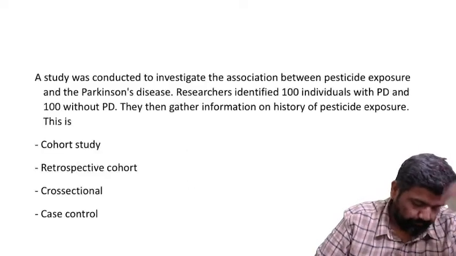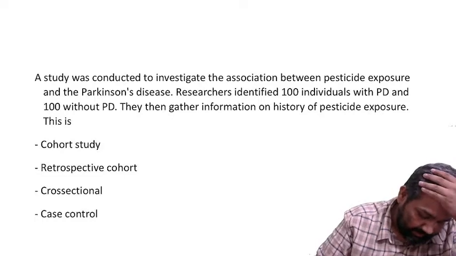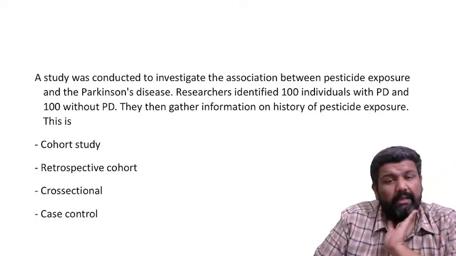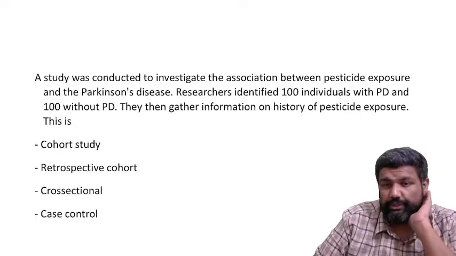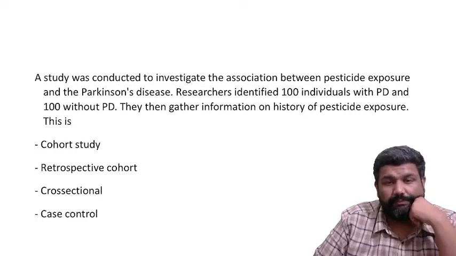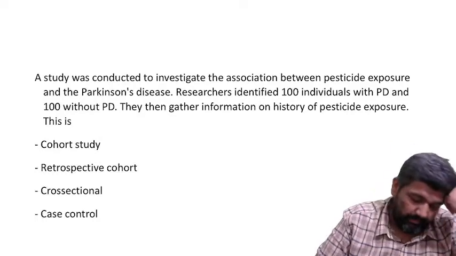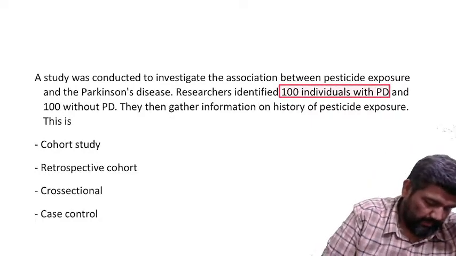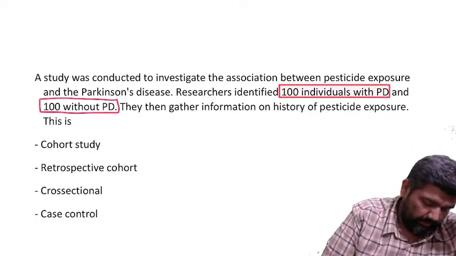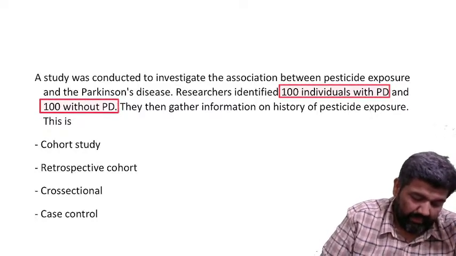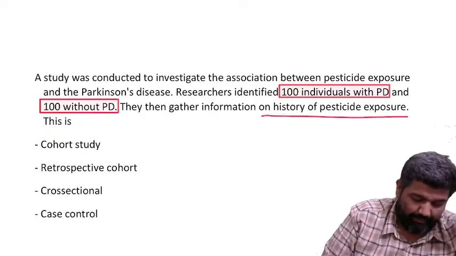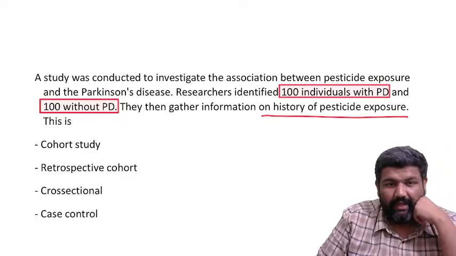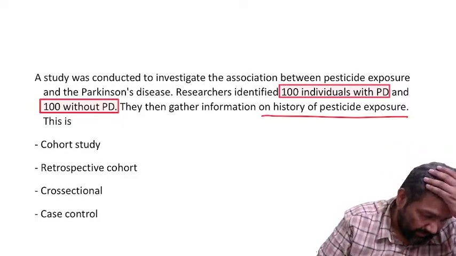Now, coming to the next study. A study was conducted to investigate the association between pesticide and Parkinson. Researcher identified 100 individuals with Parkinson's disease and 100 without Parkinson's. Then they gather information on history of pesticide exposure. हाँ जी बच्चों, ये सवाल का आंसर क्या है?